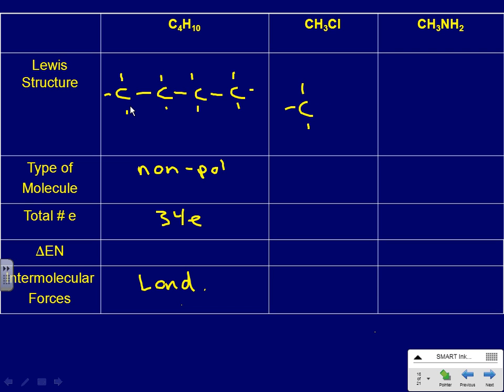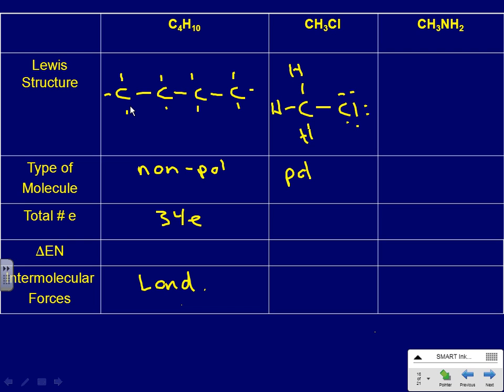CHH, Cl. Because of the Cl, the symmetry is broken, all right? And this ultimately becomes polar. You could calculate the delta EN for both the CH and the CCl bonds, but don't worry about it. They're all going to come this way, right?